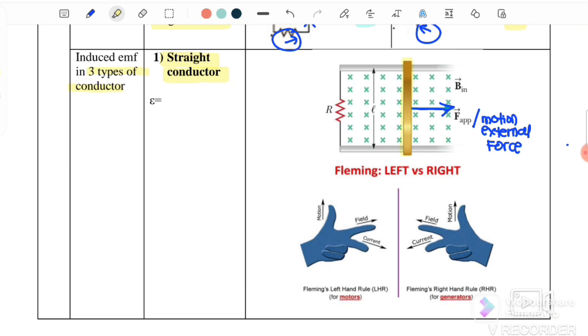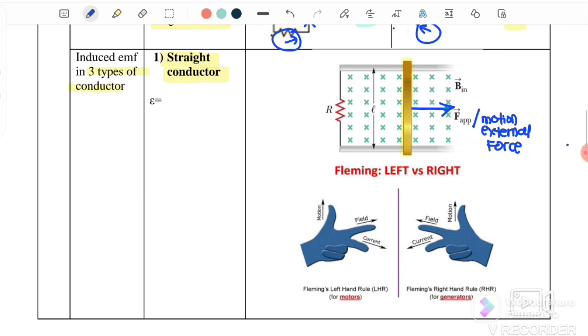If this is a conductor, initially there is no current flowing through it. When we move the straight conductor to the right, it is a motion by an external force, meaning that we are pulling the conductor to the right. This is what we call F applied.